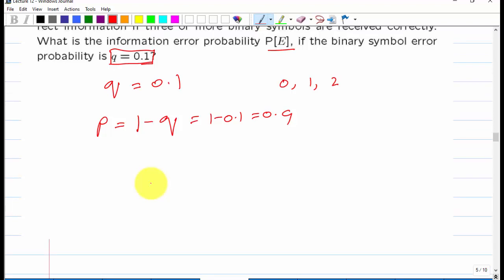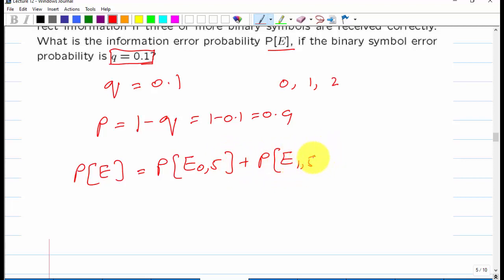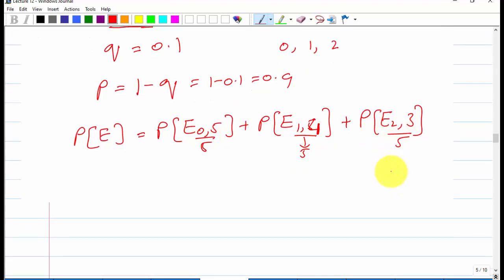Just like I told you in the question, when the number of successes is strictly less than 3, then we will have the error, and the probability of error will be the probability of E 0 5 plus the probability of E 1 5, where 4 failures, because 1 is received, and then the probability of 2 successes and 3 failures. Obviously the sum should be 5 each time, so you must be careful about it.